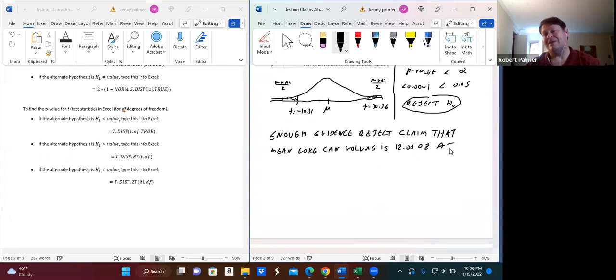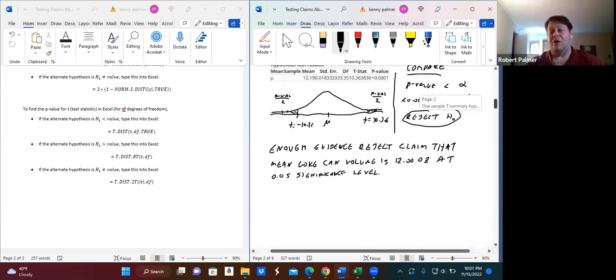Okay, once again, at the 0.05 significance level, there's enough evidence to reject the claim that the mean Coke can volume is 12 ounces at that level.